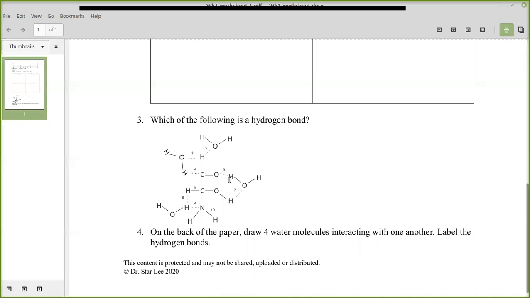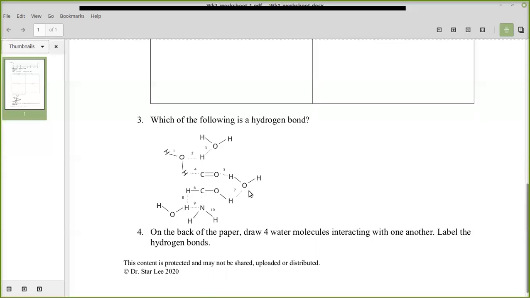How about five? Yes or no? Yes. Electronegative, hydrogen, electronegative. Yes for five. What about six? Yes or no? No. Just regular covalent. What about seven?